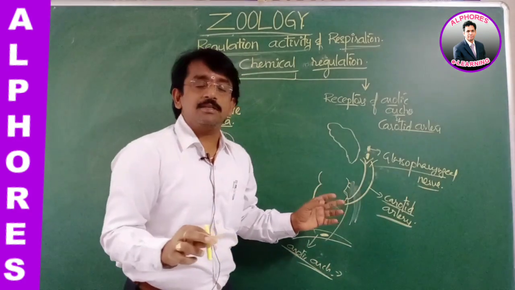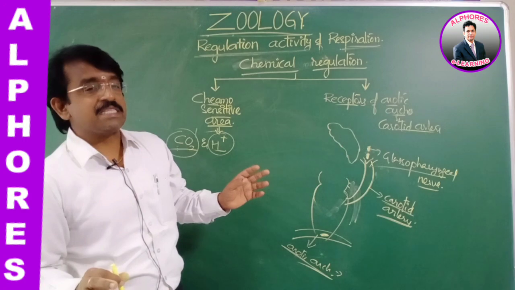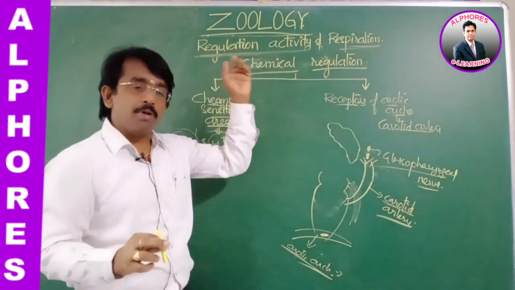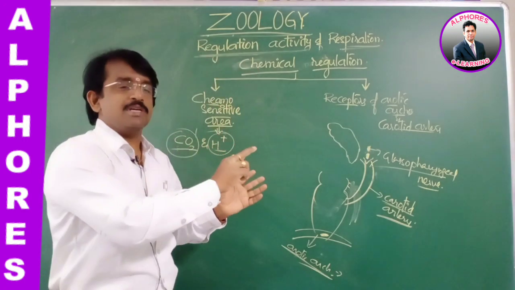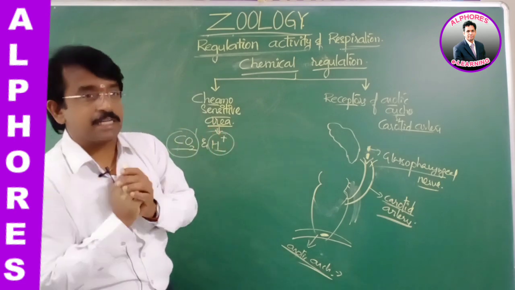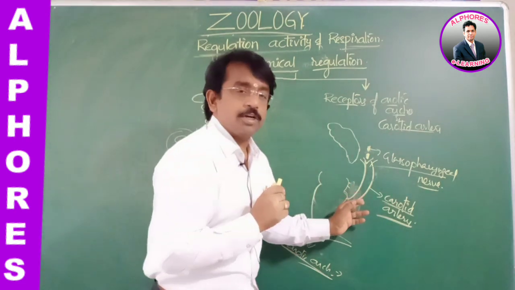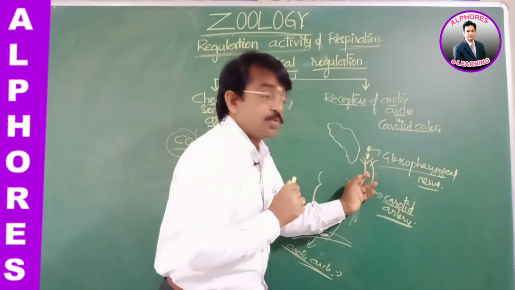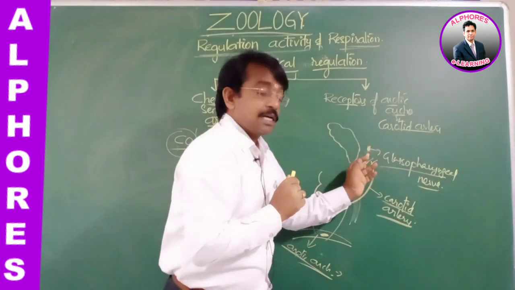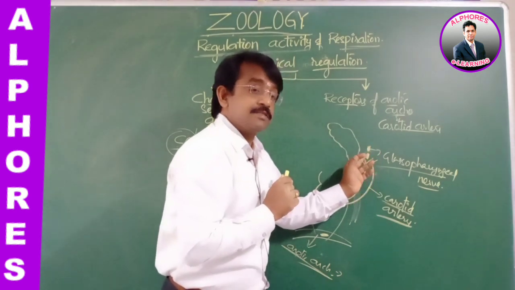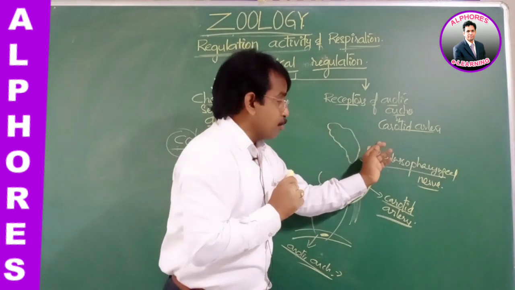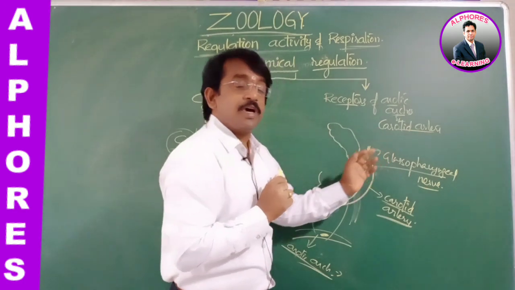The carotid artery takes the blood to the brain, and is named internal and external. This carotid artery has receptors, and these receptors are associated with the glossopharyngeal nerve.